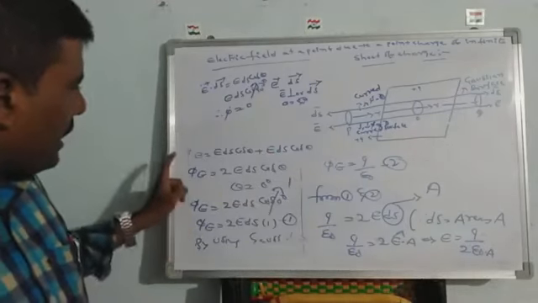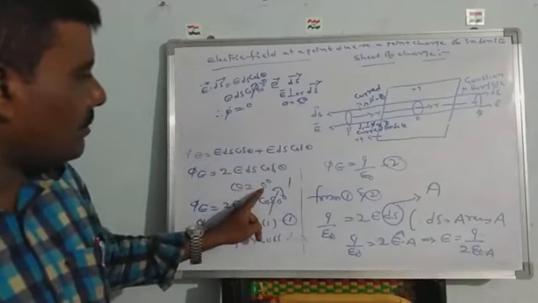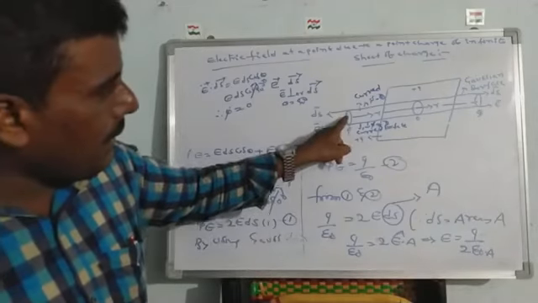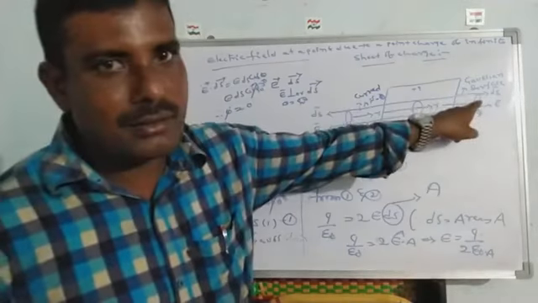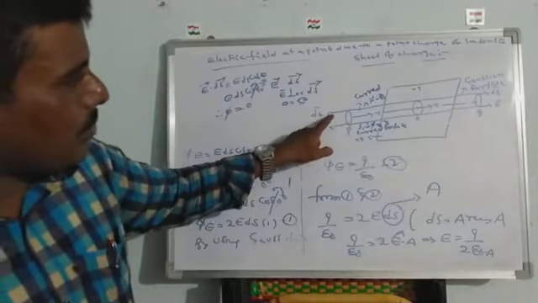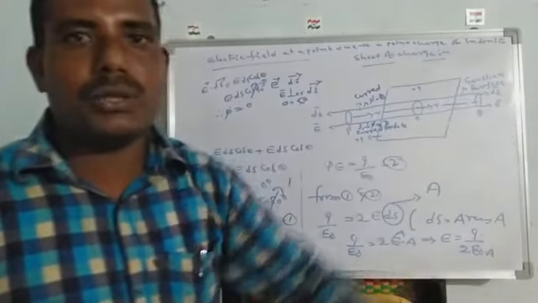Theta equals 0 because at the end surfaces the elemental area ds and E bar are both parallel to each other.